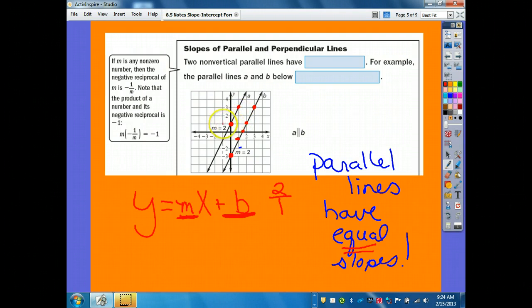Let's go backwards. Left 1, down 2. Perfect. They are parallel because they both have a slope of 2. So if I want the parallel slope, I use my parallel lines, unless you want to write out parallel. It's up to you. If this has a slope of 2, the parallel slope would be 2. They're equal.